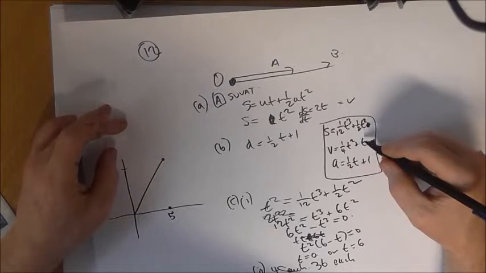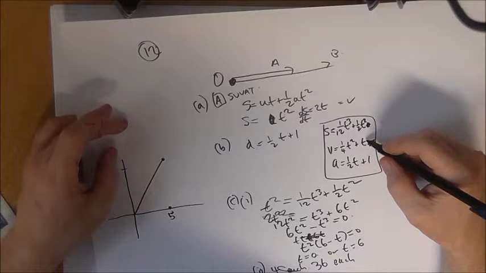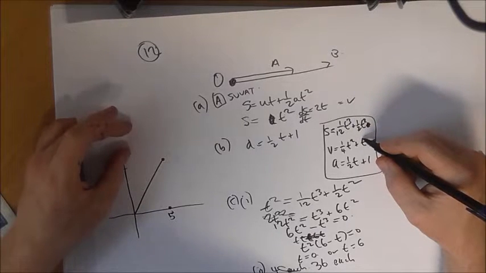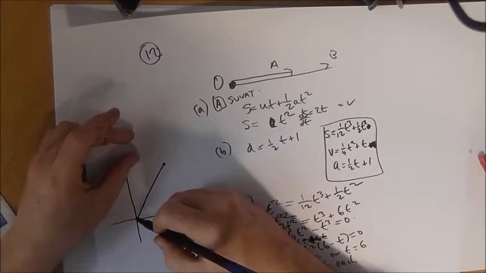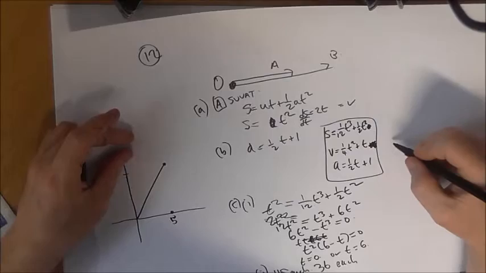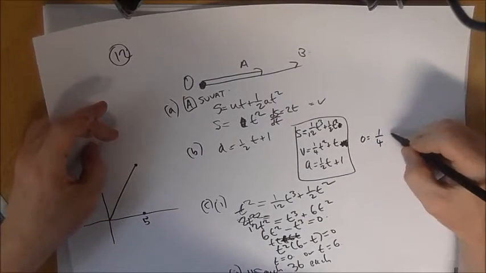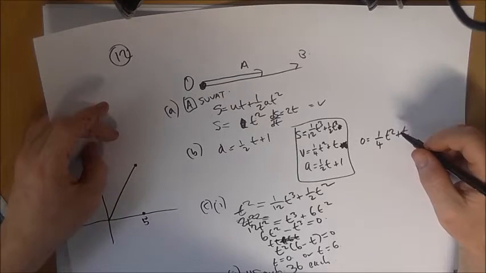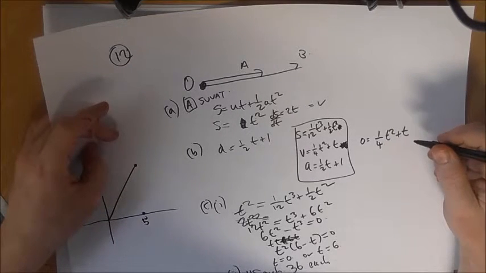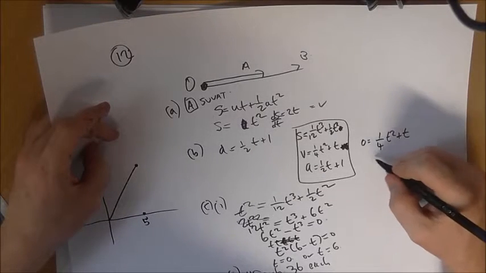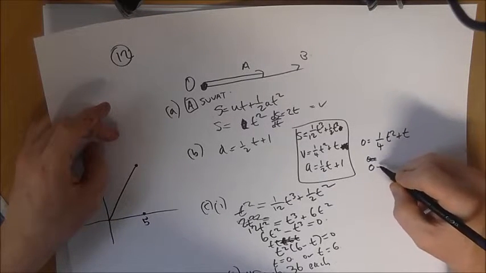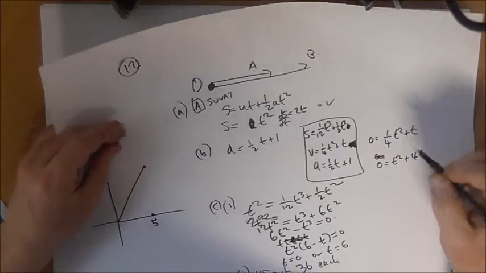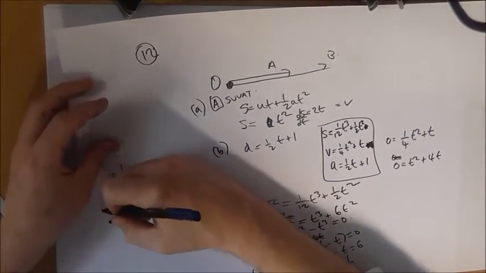Well, that's a parabola, a bucket up parabola, with x-intercepts of 0 and -4.